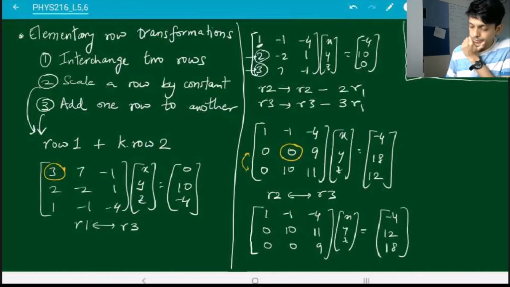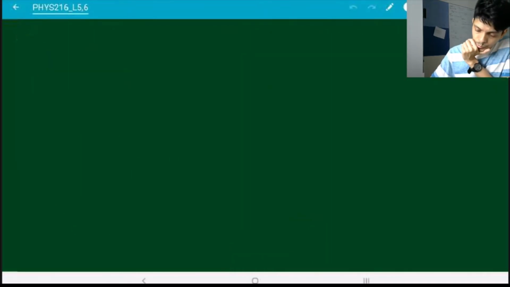Okay. Now how should I get a 1 over here? I can just divide it by 10. So I will say R2 goes to R2 divided by 10.